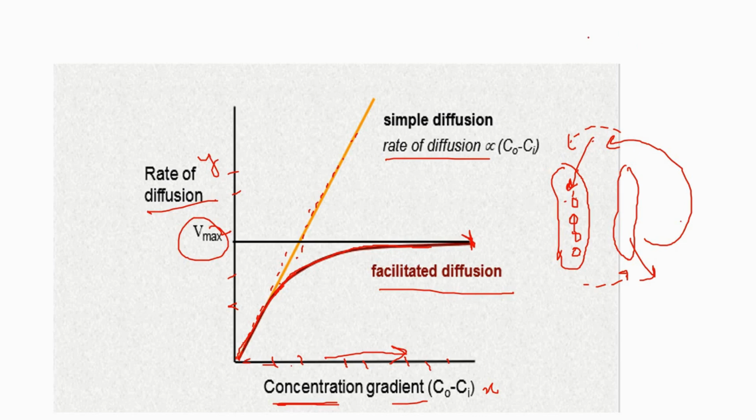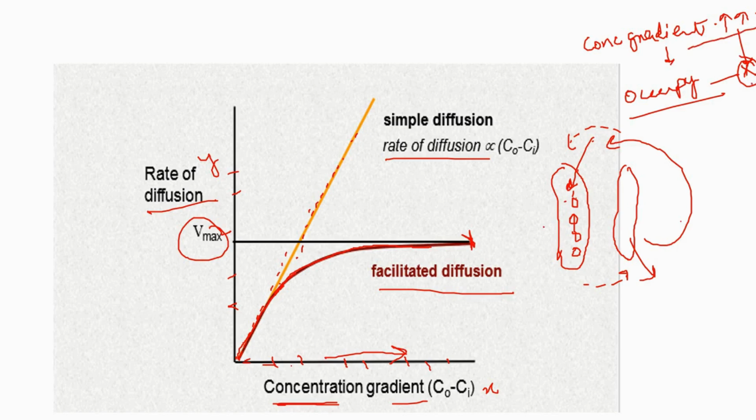So if we increase the concentration gradient so much that it occupies all the carrier molecules and all the binding sites, then if you further increase the concentration gradient, there is nothing left for them to bind with because all the sites are occupied. That is the V max, the maximum achievable speed of diffusion, and after that the speed of diffusion does not increase as you further increase the concentration gradient. So V max is the feature of facilitated diffusion.